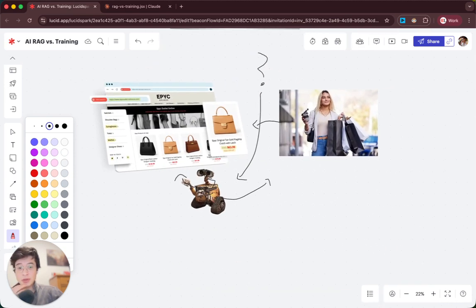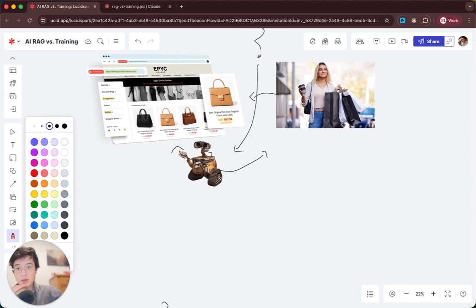So in this example, the way to solve this problem is that you have your robot, and on your website, you have some kind of knowledge base that has a list of all your products. It might have an FAQ. You might even want to hook it up to your shipping information, so in your shipping backend, you can have that as well.